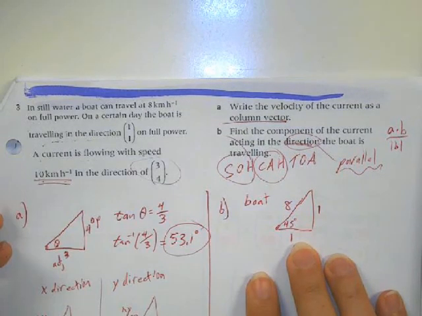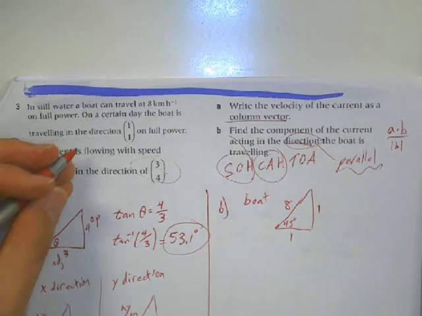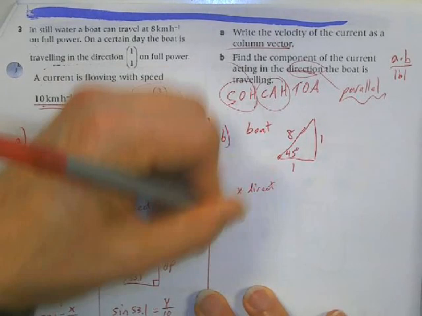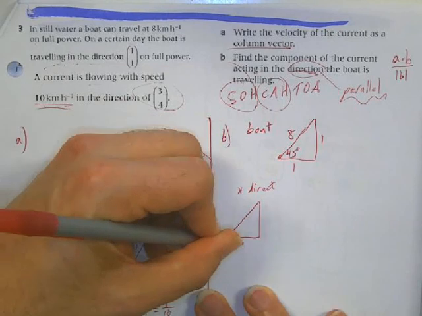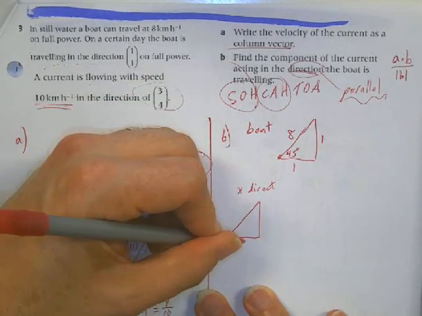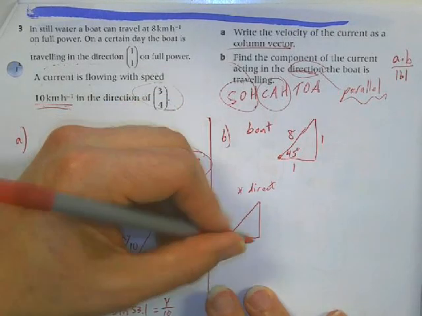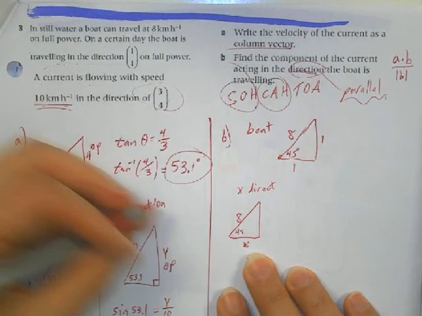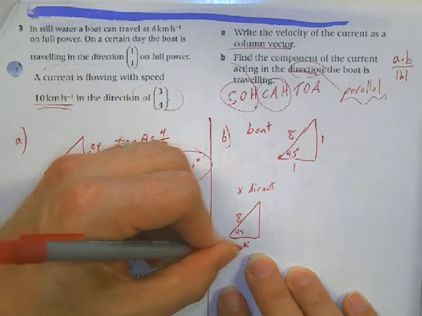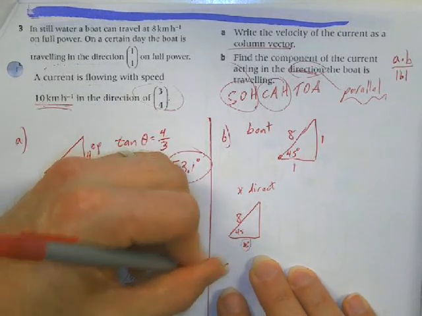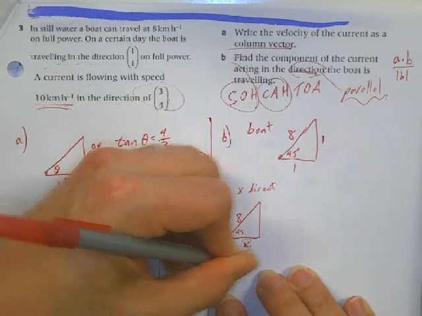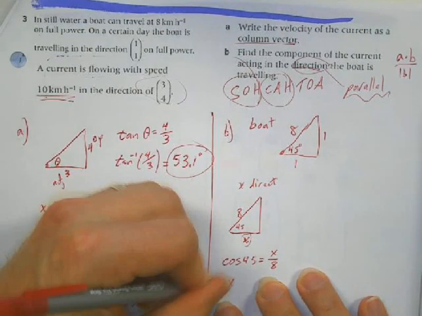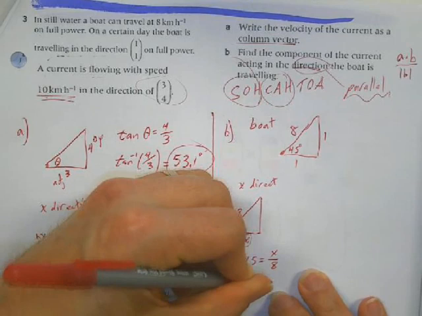So just like what we did over here, in the x direction, if that's 8, that's 45. This is adjacent, so I can write cosine 45 equals x over 8. So x is equal to 8 cosine 45.